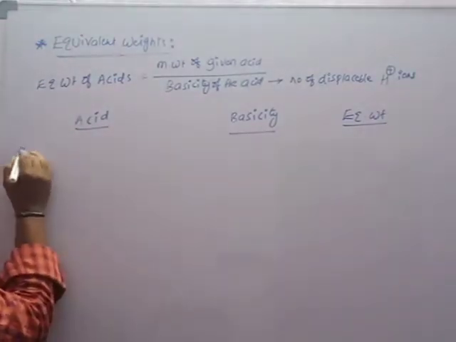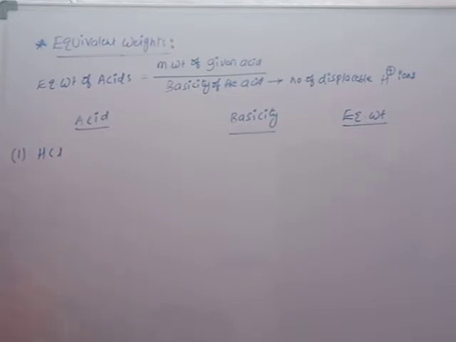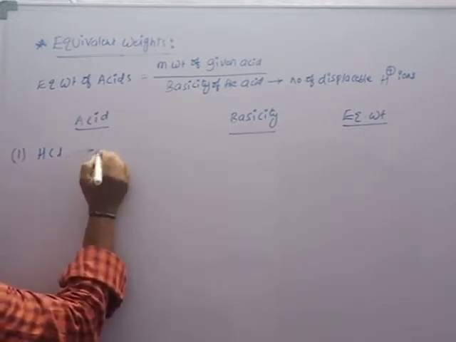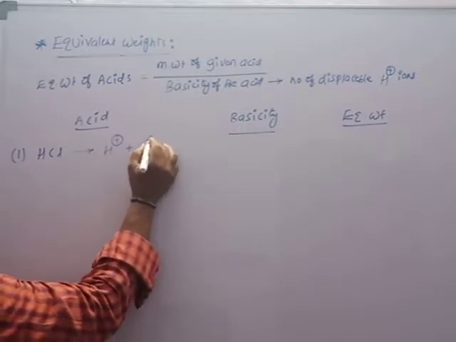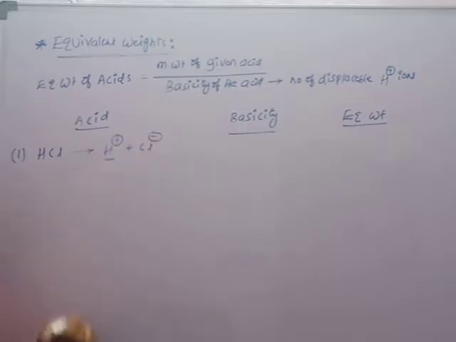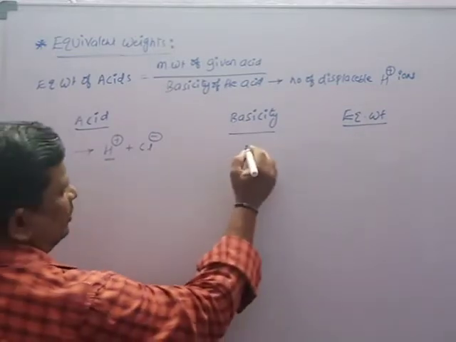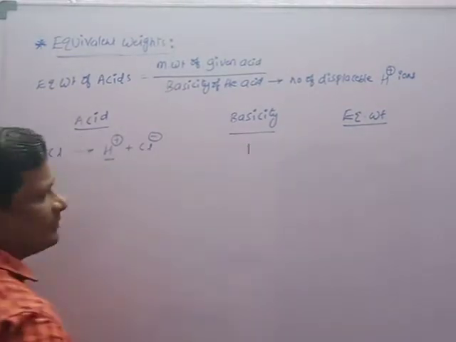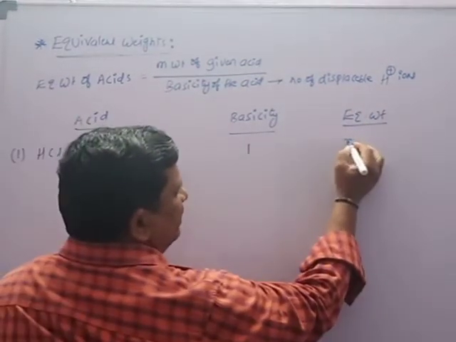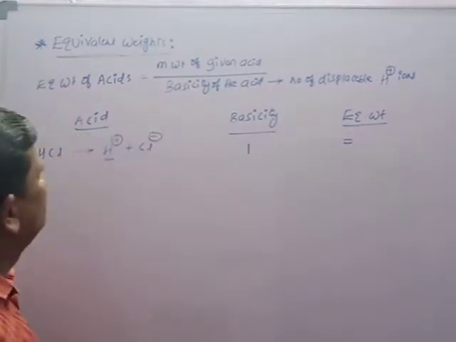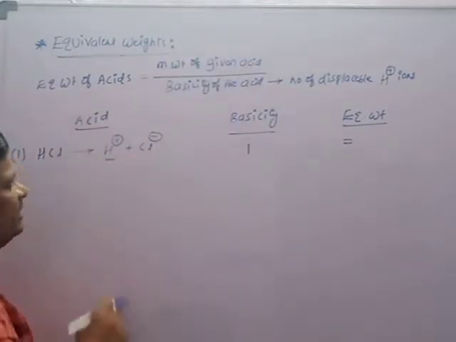Now the first acid is hydrochloric acid, HCl. HCl gives rise to H plus and Cl minus. The number of displaceable H plus ions is 1, so the basicity is 1. The equivalent weight of HCl is molecular weight of the given acid by basicity.